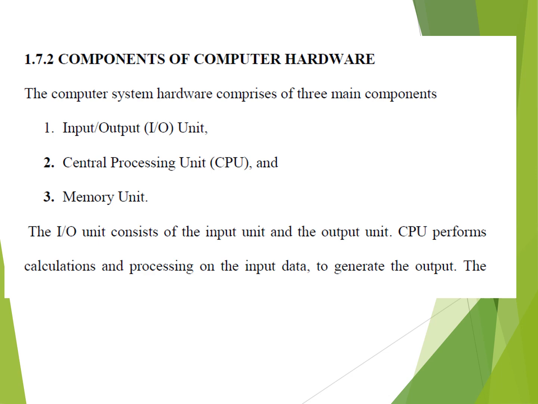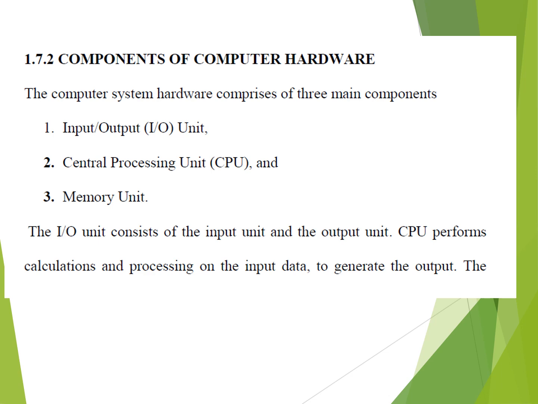Components of computer hardware. In the computer system hardware there are three main components: number one, input and output units, abbreviated I/O units; number two, the central processing unit, abbreviated CPU; and number three, the memory unit.